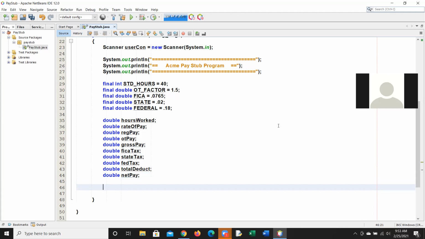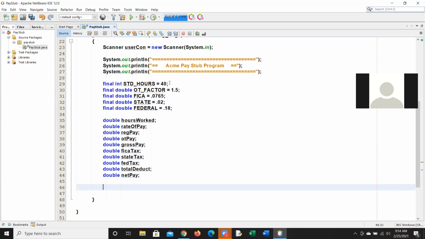Again, I've done this program, I don't know how many times, so I know what I need. But these are things that you should think about. If you were writing this and I wasn't here with you today, these are all things that you would have thought of. Which ones aren't going to change? Well, the tax rates for the most part aren't going to change. The standard hours in a week in your business probably aren't going to change.